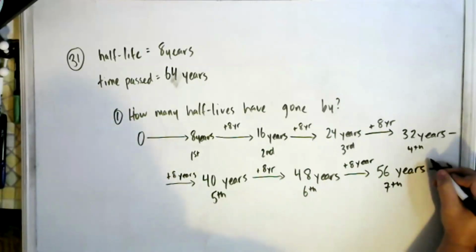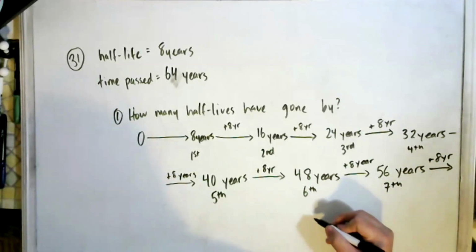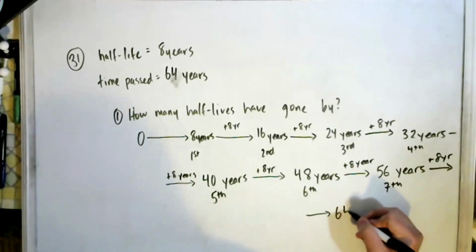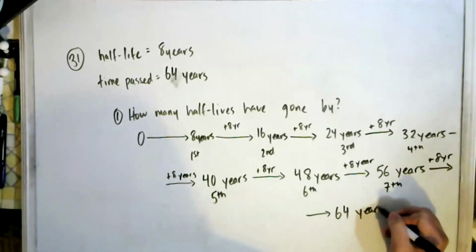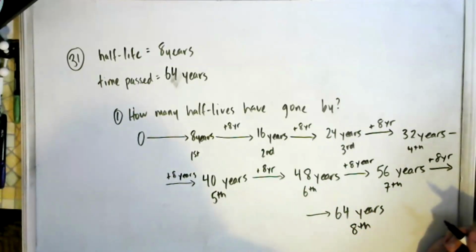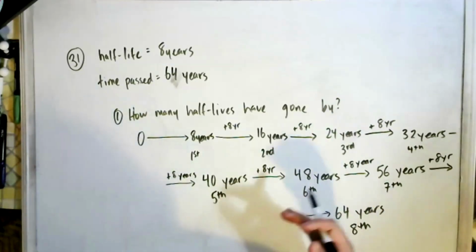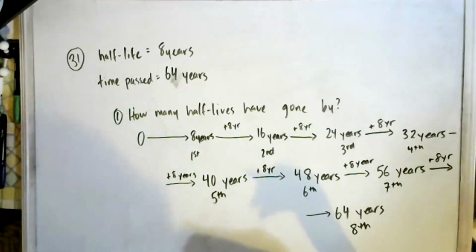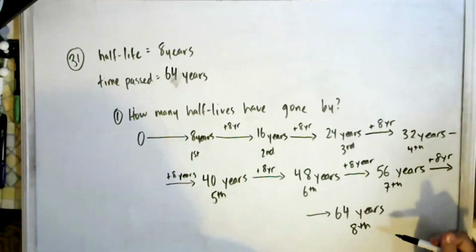Okay, and then we add 8 more years to that. And now we're going to be up to 64 years. Okay, that's our eighth half-life. So 8 half-lives have gone by. That means that the material that we start with is going to be divided in half 8 times.